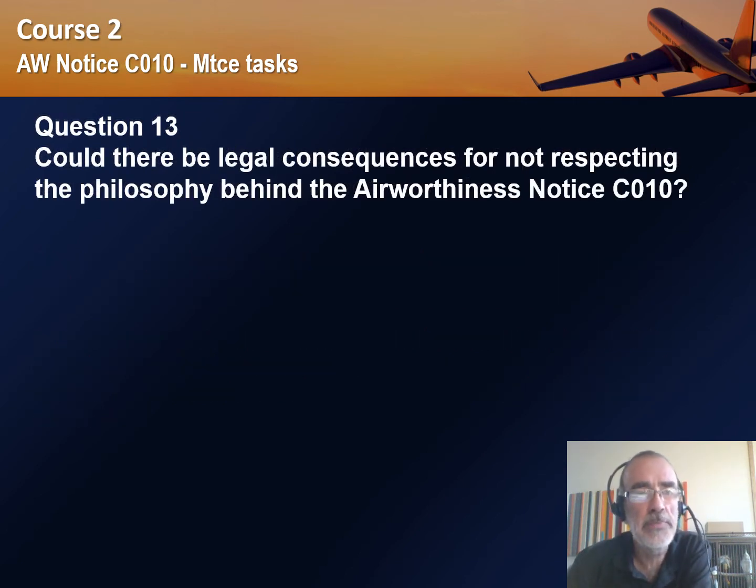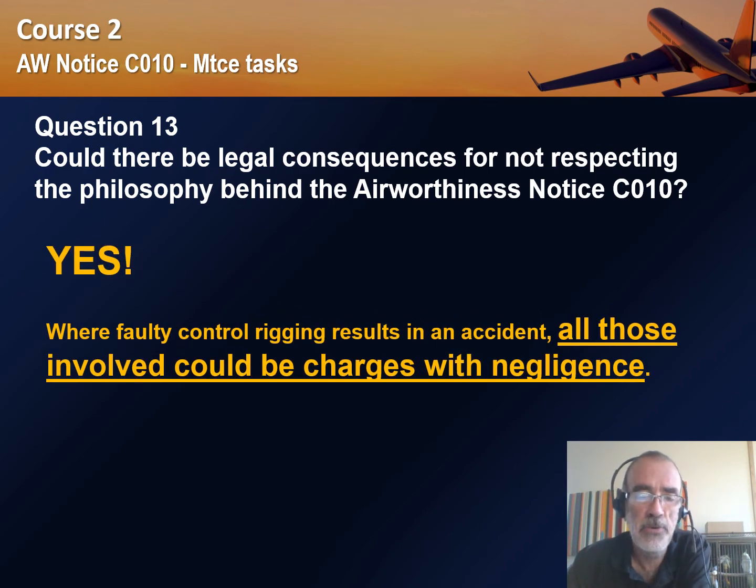Question 13. Could there be legal consequences for not respecting the philosophy behind the Airworthiness Notice C010? What do you think? If you don't follow the established rule? Yes, of course. Where faulty control rigging results in an accident, all those involved could be charged with negligence.